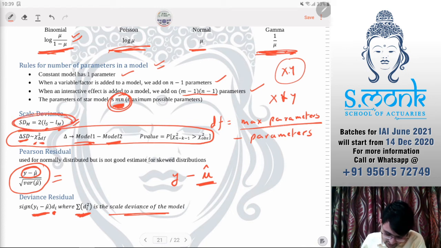So you just have to calculate the contribution of that particular value to the scale deviance. That becomes your di square. You root that value and you will get di.